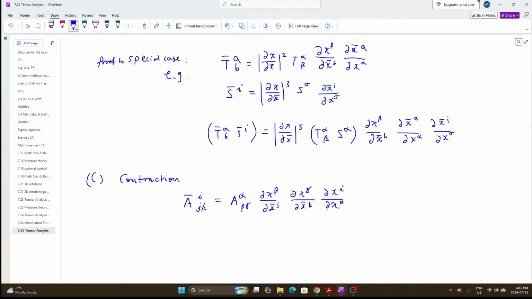This way you get ijk at the end. And alpha, beta, gamma are summed over. That's an absolute tensor.